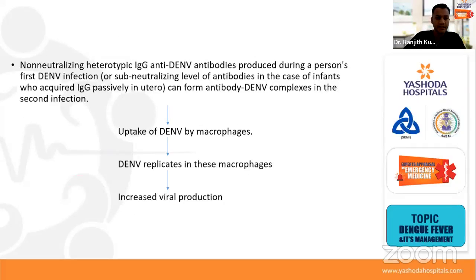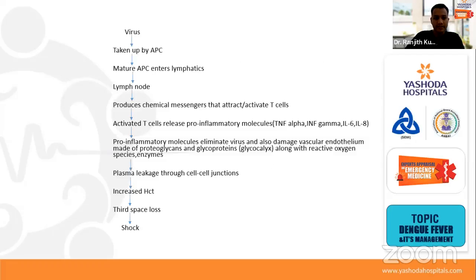What happens is that the non-neutralizing heterotypic IgG dengue antibodies produced during a person's first dengue infection, or subneutralizing antibodies in the case of an infant who acquired them in utero, can form antibody complexes in the second infection. Then it leads to uptake of the dengue virus by macrophages, where it gets replicated and viral production is increased.